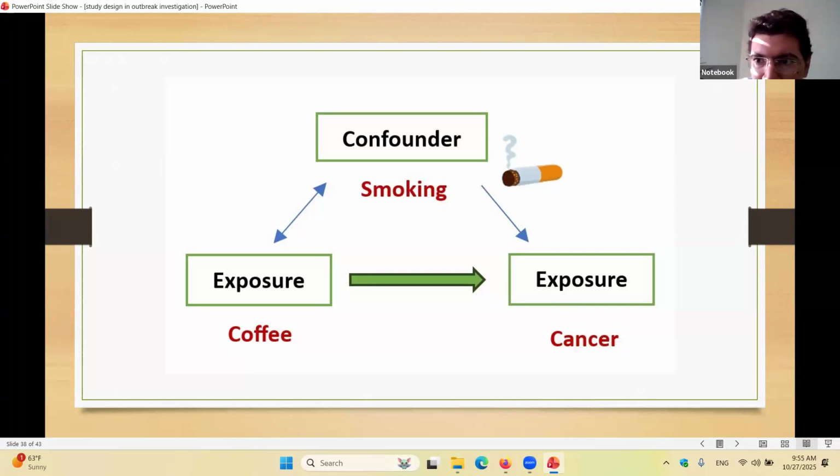This is the diagram showing confounding in the relationship of exposure and outcome. It is wrongly written in the figure. The box on the right should be outcome. It is wrongly written exposure. Please correct it.